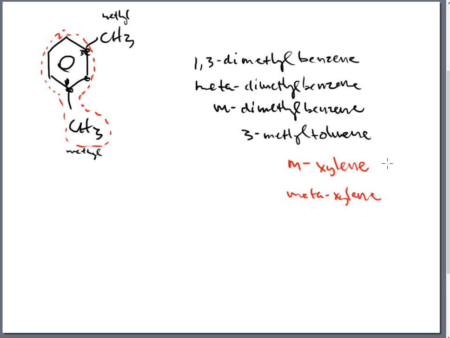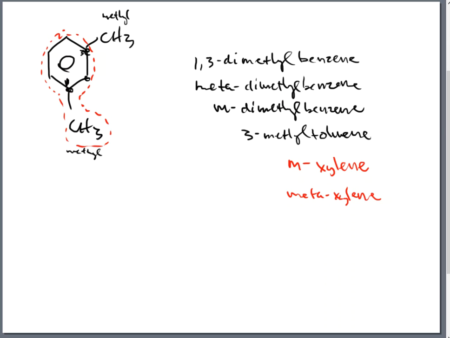There is an ortho-xylene, the 2 methyls side by side. There's the meta-xylene, which is what you see on the screen right now. And there's a para-xylene. And that's where the methyl groups are directly across from each other. All right? So just an extra little name that we can put into there to get comfortable with and become familiar with.